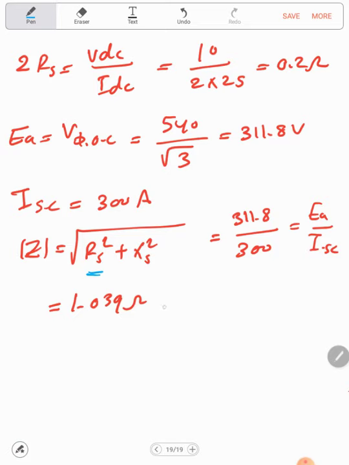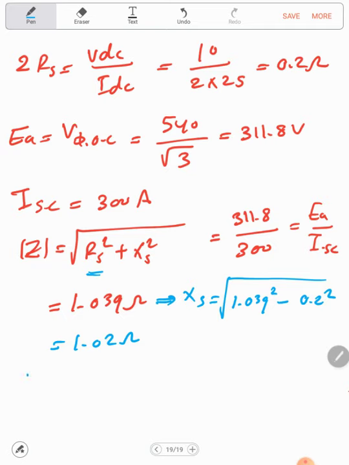So we have RS, so we can calculate XS, which will equal the square root of 1.039 square minus 0.2 square, and this will equal 1.02 ohm.